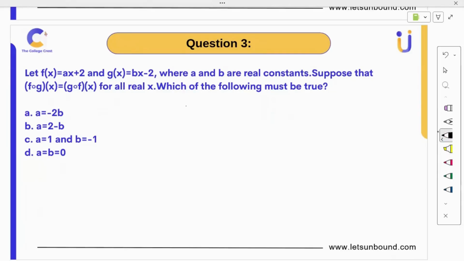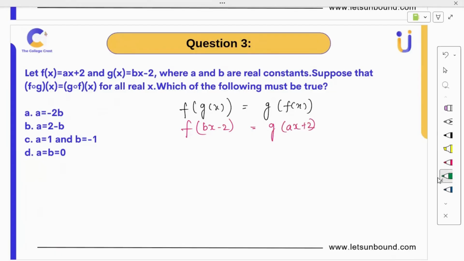Okay, so let's start with the relation. f composition g means f of g of x is equal to g of f of x, right? What is your g of x? It's bx minus 2. And what is your f of x? ax plus 2, right? So f of bx minus 2, how will you find it? In f of x, wherever x comes will be replaced with bx minus 2.